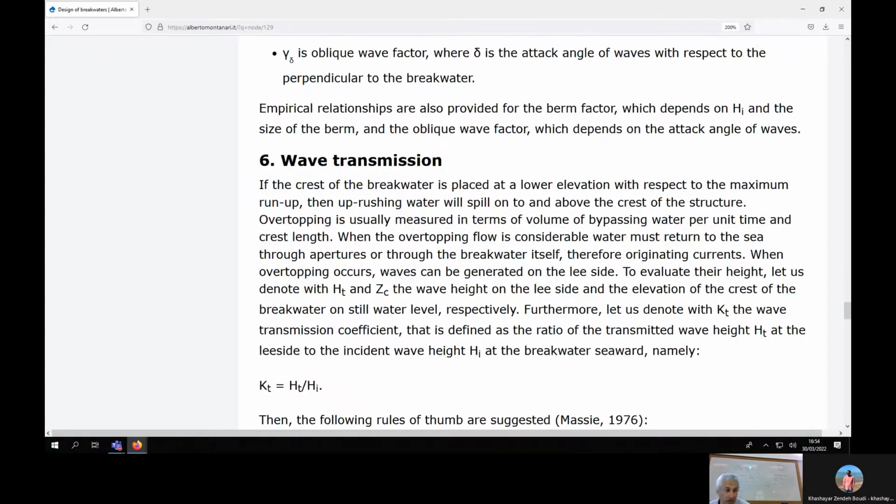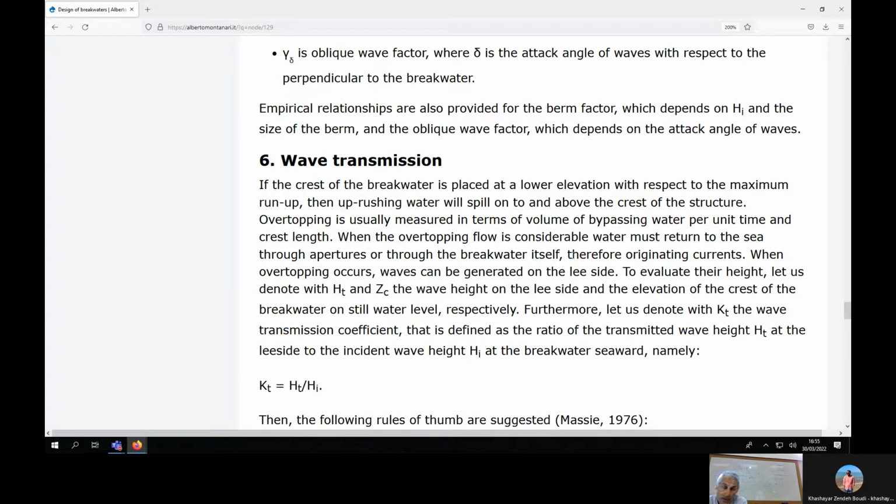Okay, and also another interesting thing, which I'm not sure if Professor Archetti mentioned to you, is wave transmission, which means that breakwaters, depending on their features, don't completely eliminate waves, but in most cases they reduce the wave height and therefore reduce the energy. They absorb part of the energy, but part of the energy is passed through.